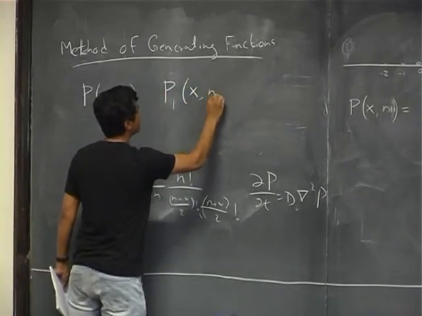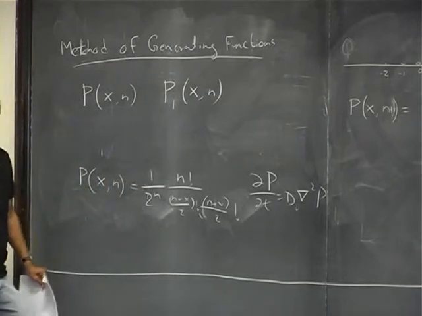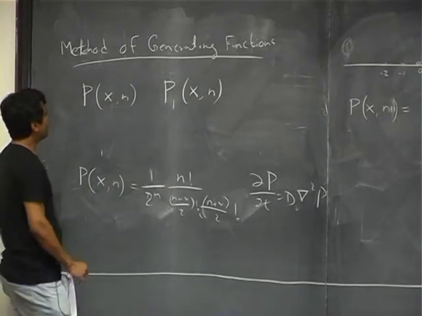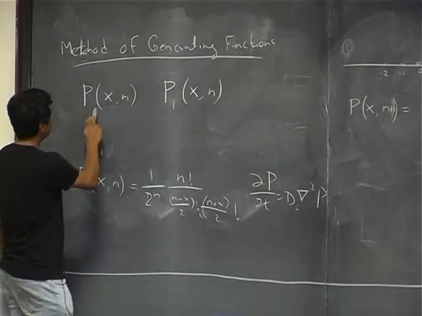P of x n and P1 of x n. These are the two distributions we have discussed. Now what we want to do is write a generating function for this.